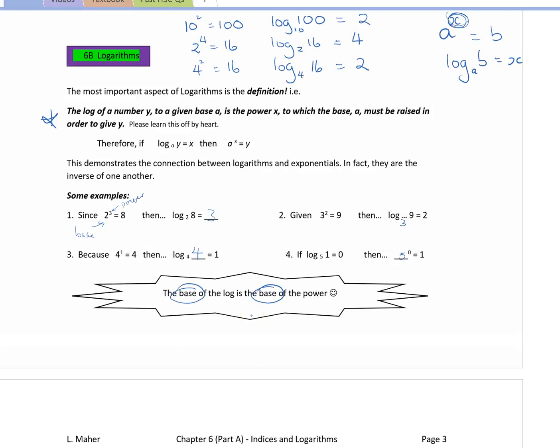Just one more thing. We call this the log of the number, this is a number, to a given base, is equal to the power. I think I'll stop the video there and do some examples in another video.